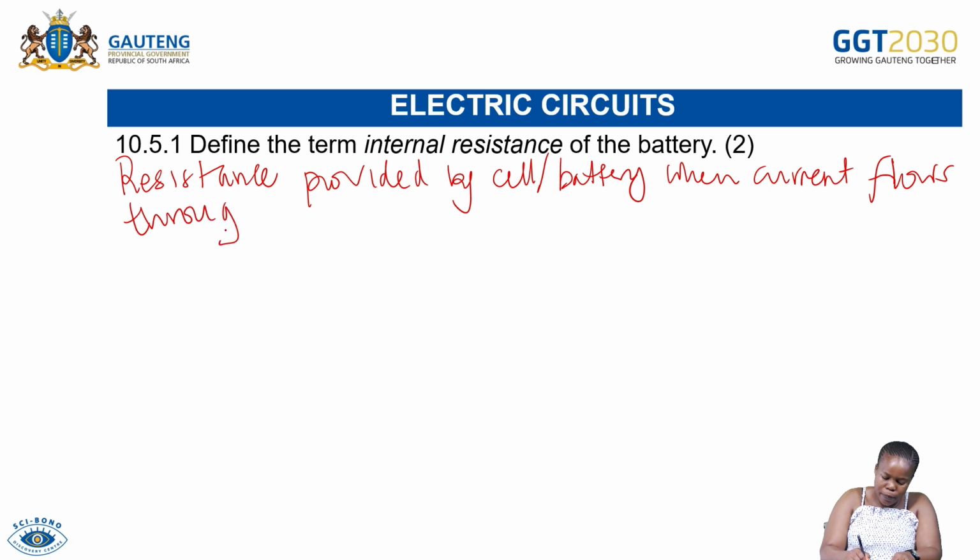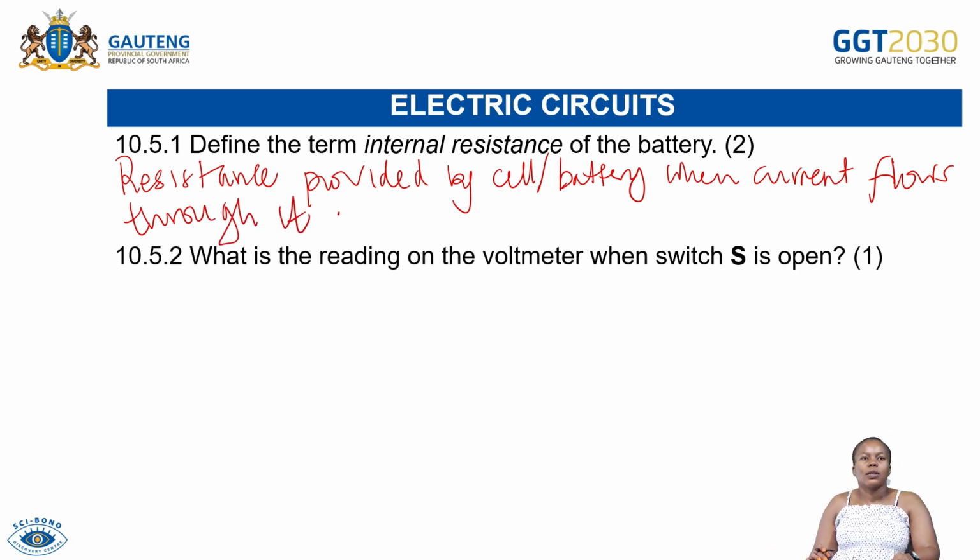10.5.2. What is the reading on the voltmeter when switch S is open? The EMF provided by the cell will not decrease, because there is no current flowing. So it will still be 12.